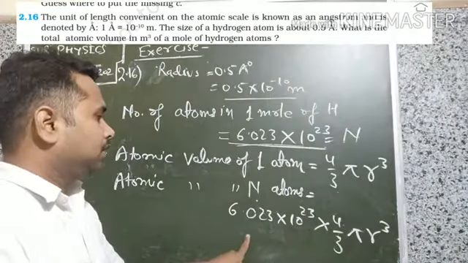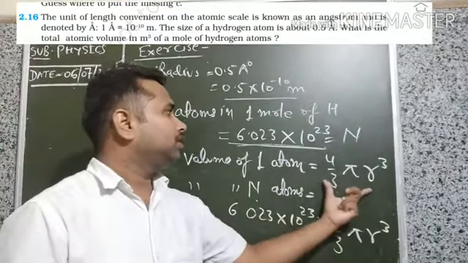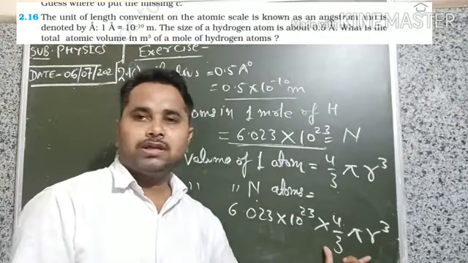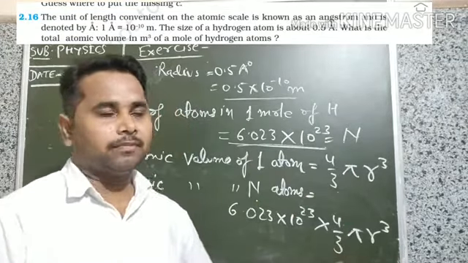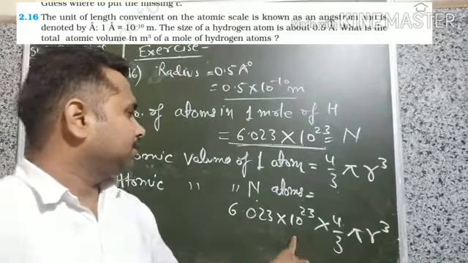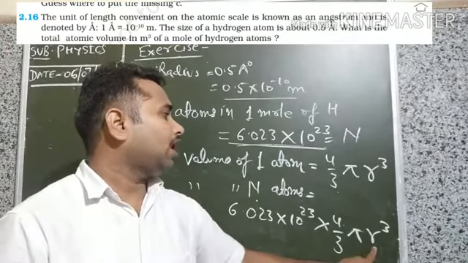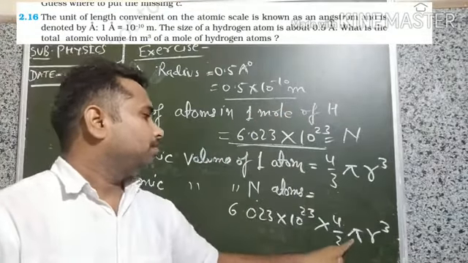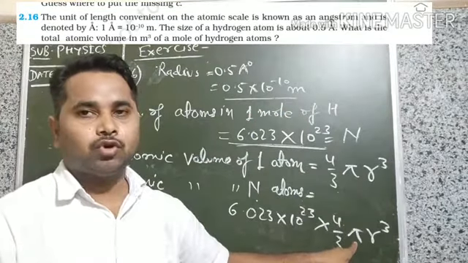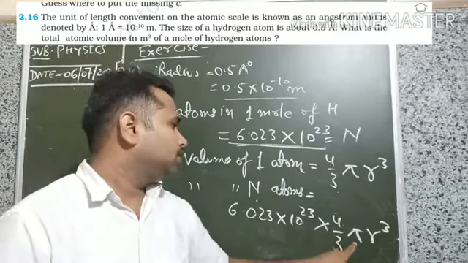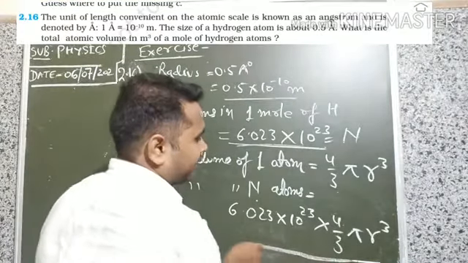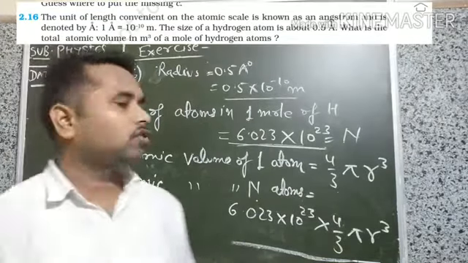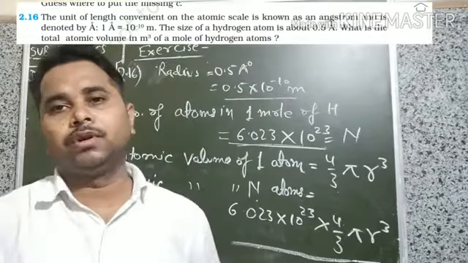See here, if the volume of one is this, then what is the volume of N? So N multiplied by the volume of one atom. In this expression, r is 0.5 into 10 power minus 10 meter, and pi is 22/7 or 3.14. By putting these values in this expression, you can calculate the atomic volume of hydrogen in 1 mole.